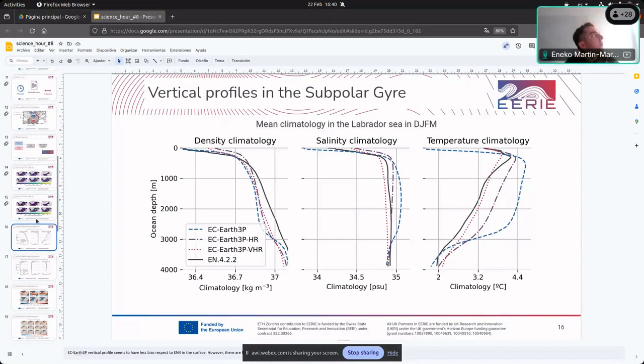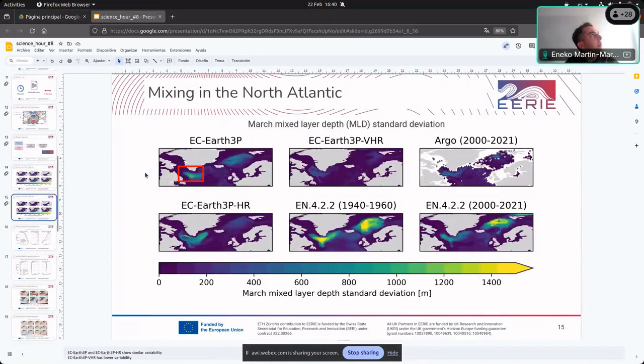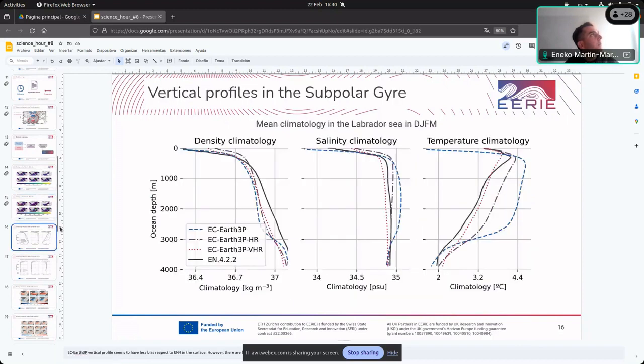So these profiles are the average in this box. So they are not profiles of just a grid point. It's the NEMO levels, so it's 76 levels.